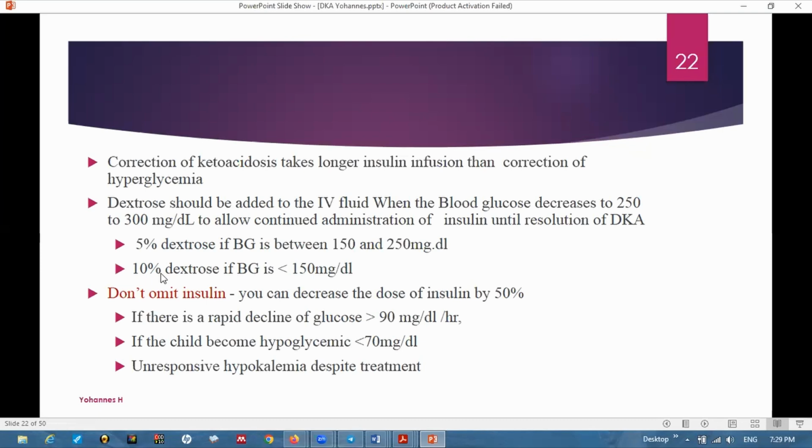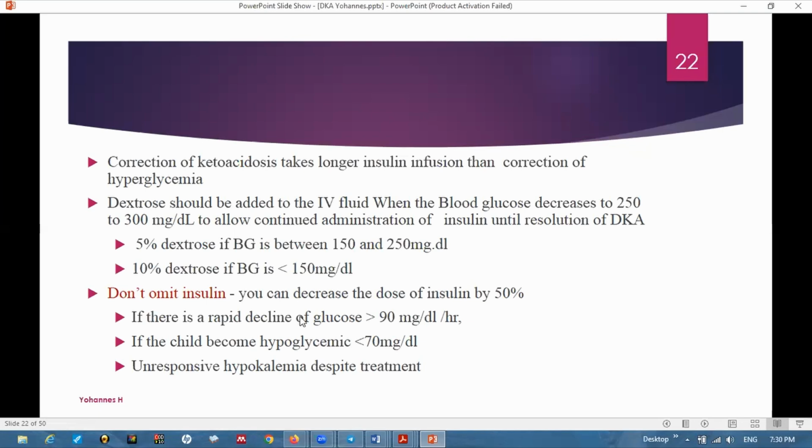Most of the time, insulin omission is not recommended to treat hypoglycemia. You can decrease it by 50% if the random blood sugar is less than 100. If the child becomes hypoglycemic, with random blood sugar less than 70 mg/dL, we can decrease the insulin by half, and then manage the hypoglycemia with 2 ml per kg of 10% glucose.